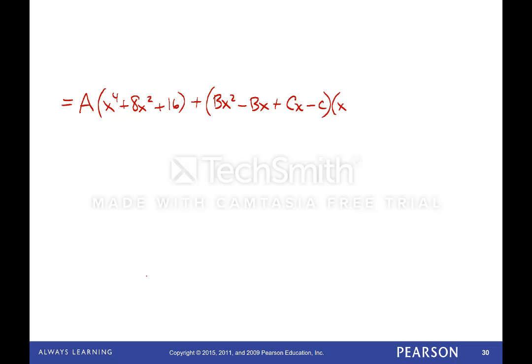You still have to multiply with x squared plus 4. And at the end here, it should be dx squared minus dx plus ex minus e, if you did it all correctly there. I still have to multiply this stuff out right here.